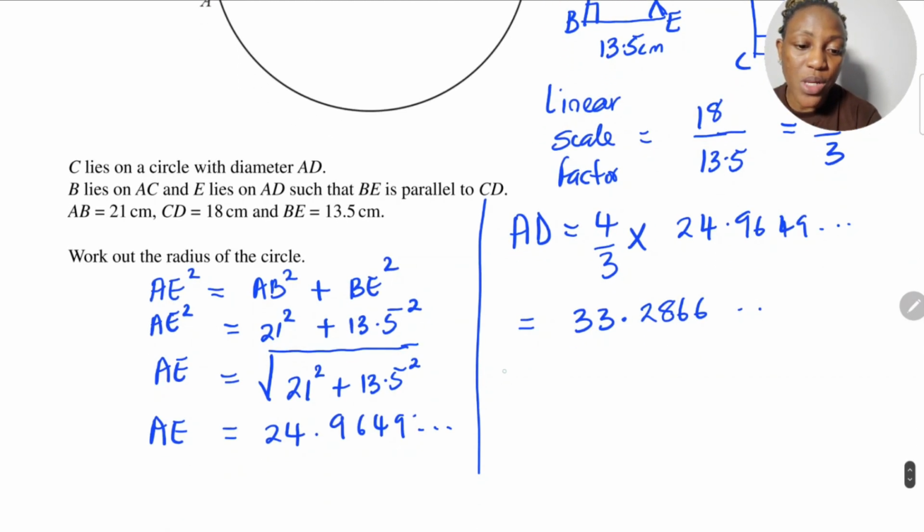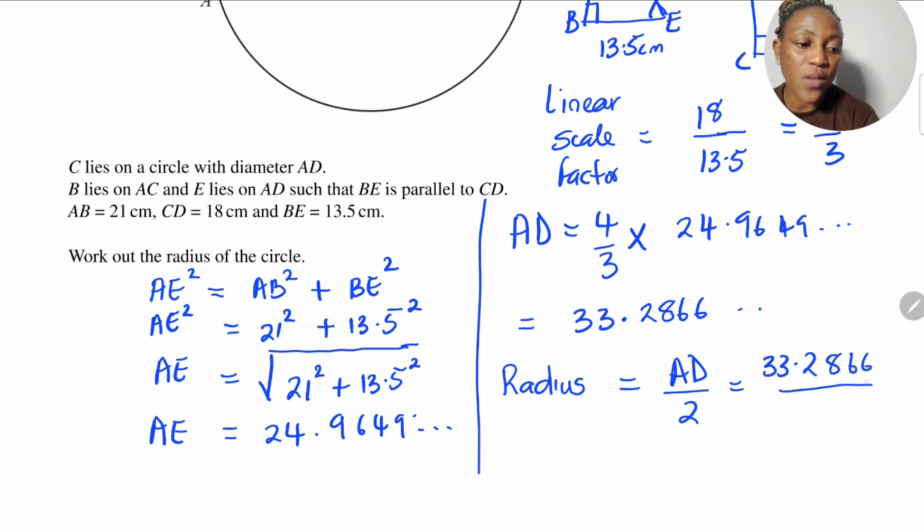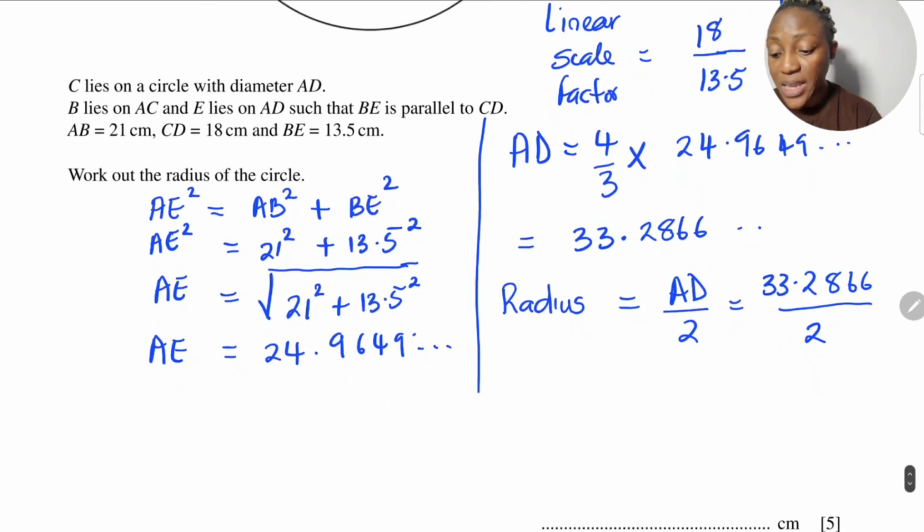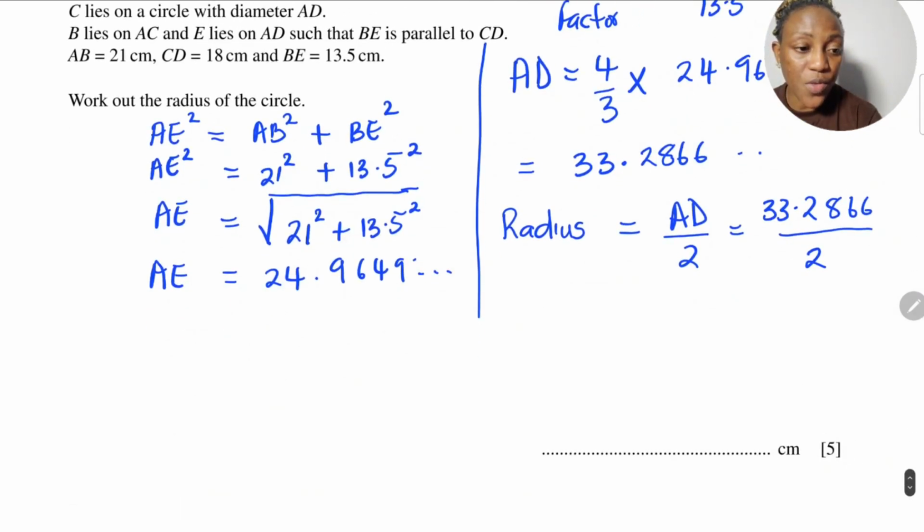Remember, we need our radius. Radius is AD over 2, which is what? 33.2866 divided by 2. When you divide that by 2 and give your answer to 3 significant figures, it is going to be 16.6 centimeters.